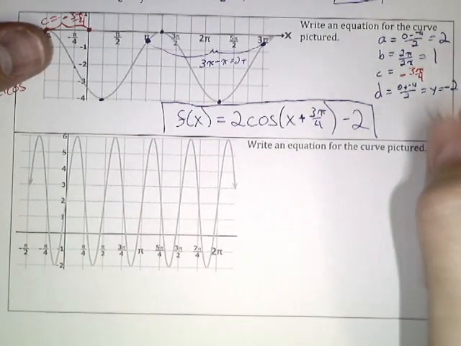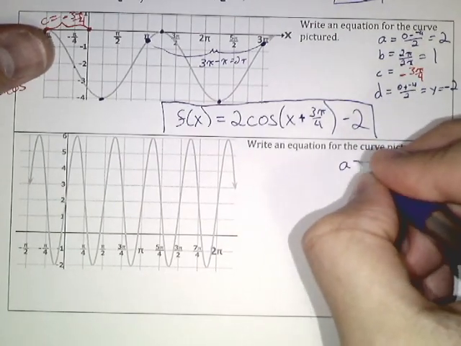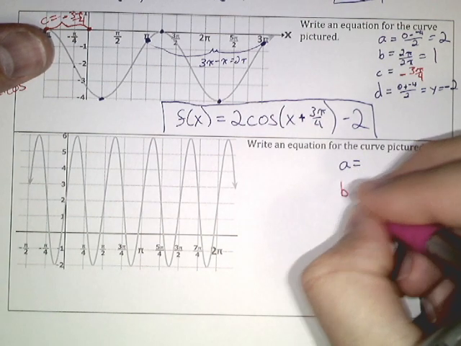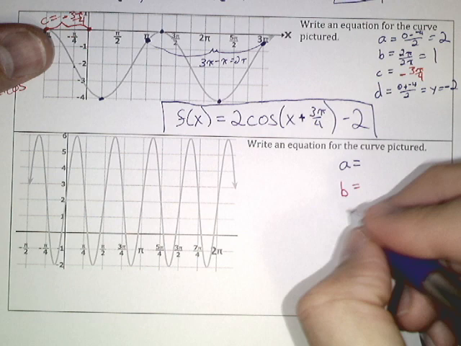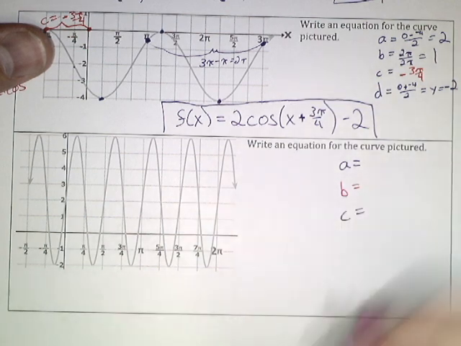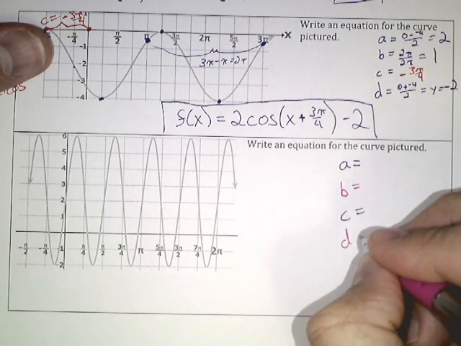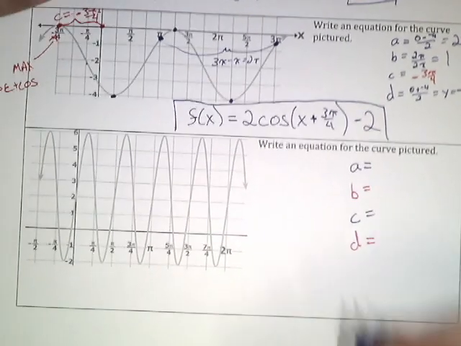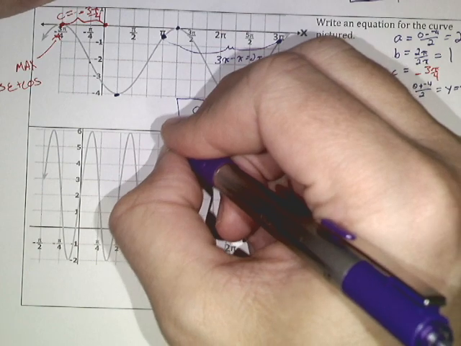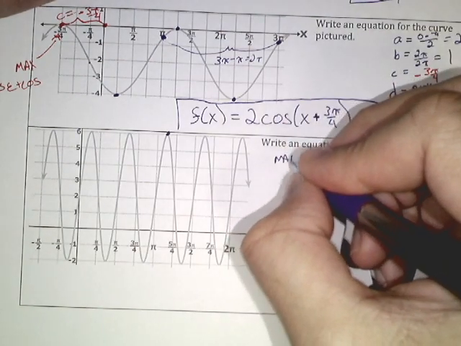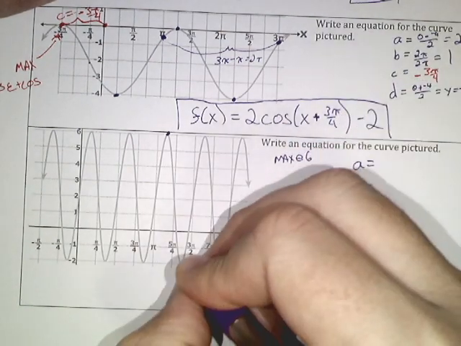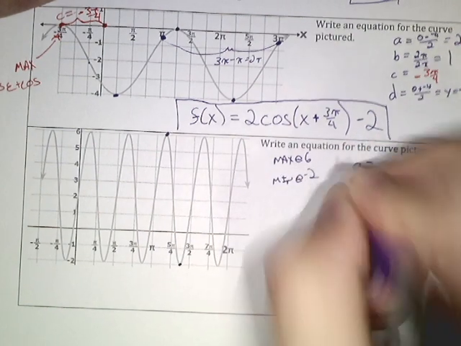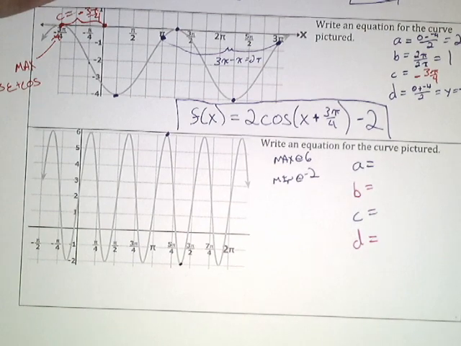Okay, so again, we need an A. Let me alternate colors this time and it might be easier to read. We need a B. We're going to need a C. And then we need a D. So I have a max at 6 and a minimum at -2.